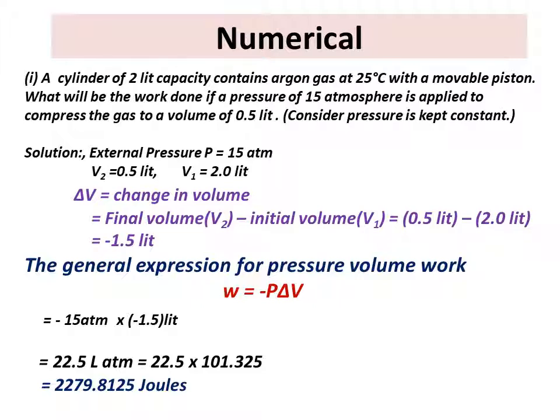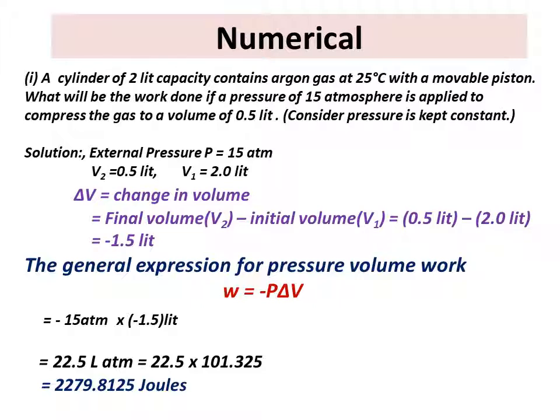If I want to convert this work from liter atmosphere to joules, I have to multiply with a factor of 101.325. Why? Because 1 liter atmosphere is equal to 101.325 joules.